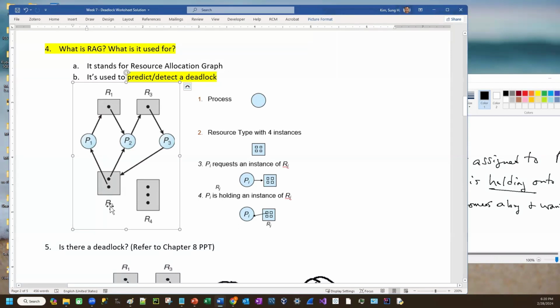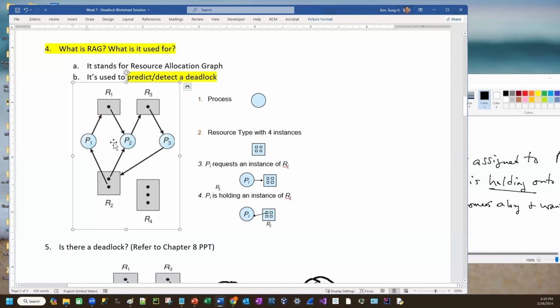If, for example, R2 is a file, then there are 2 copies of the file, and they're exactly identical. So whether they are files or memory or whatever, that's how many there are, ready to be used.